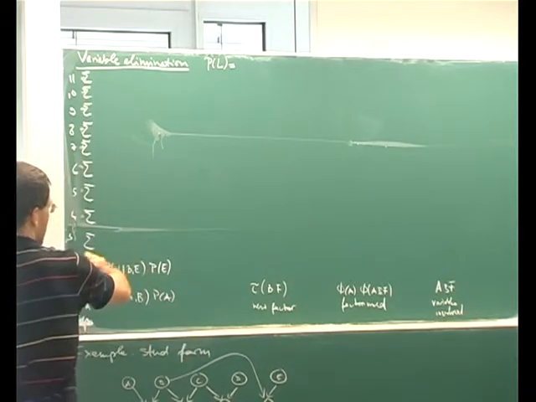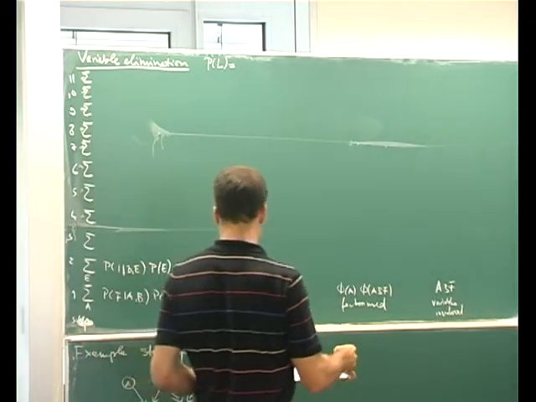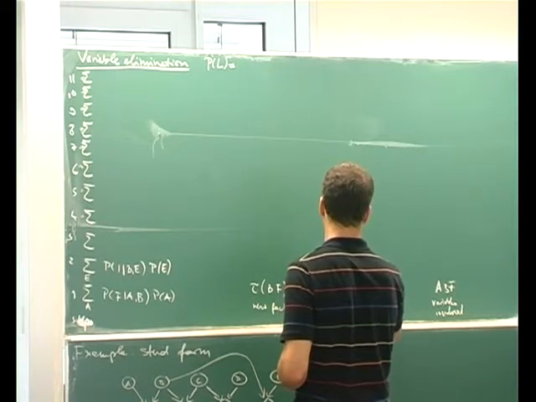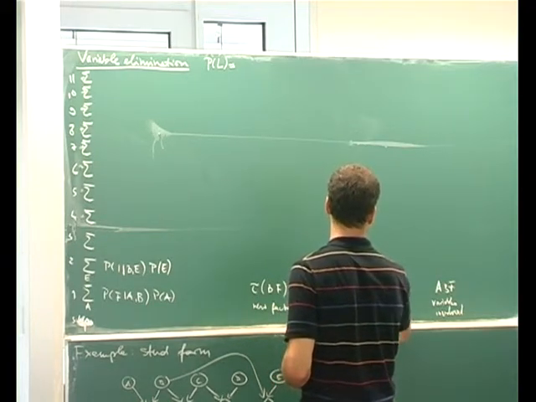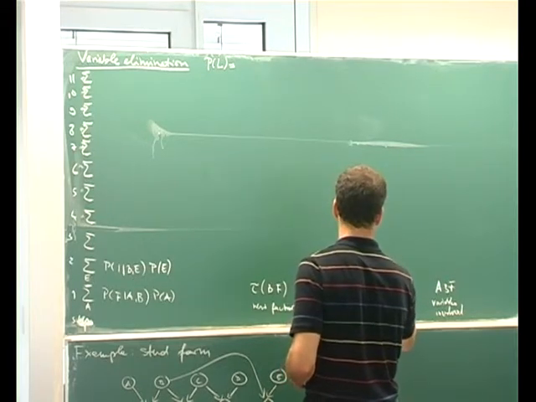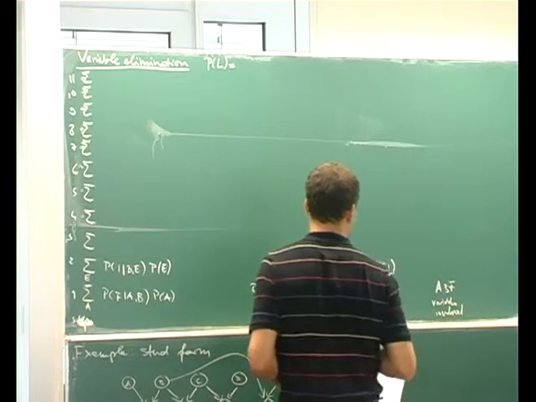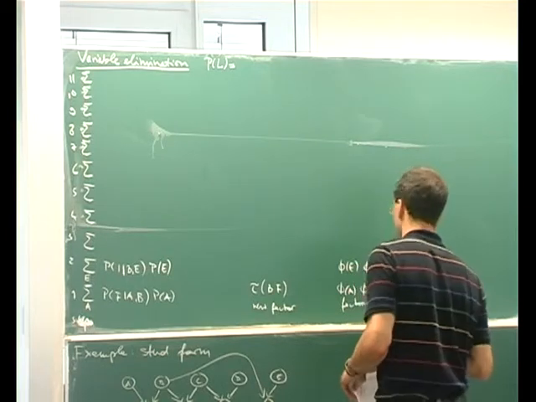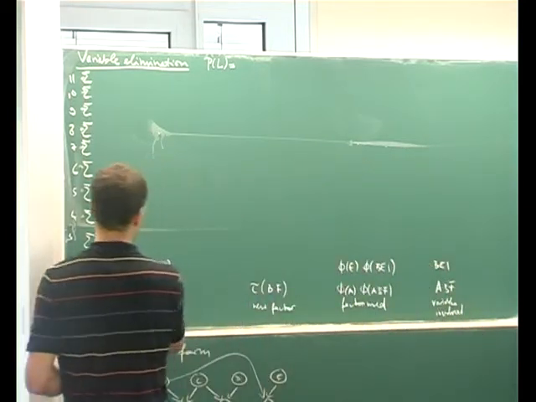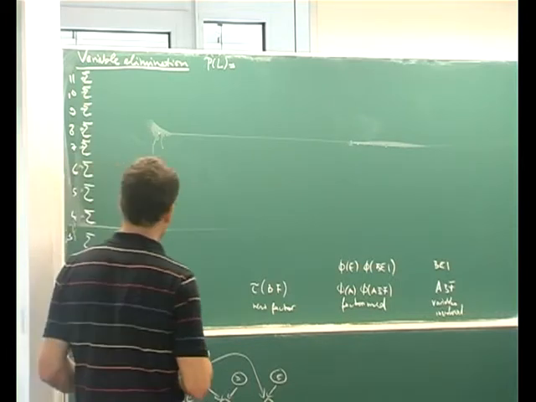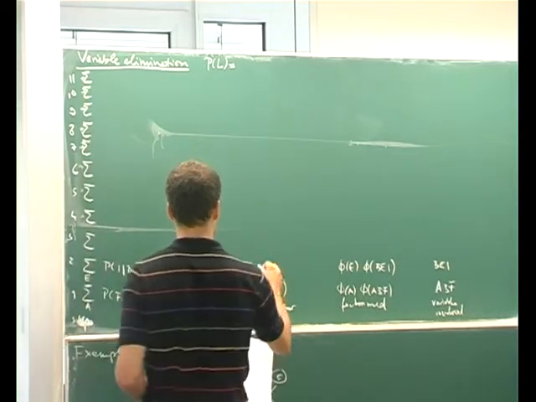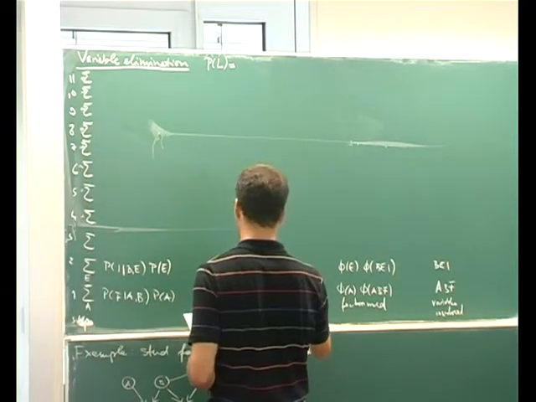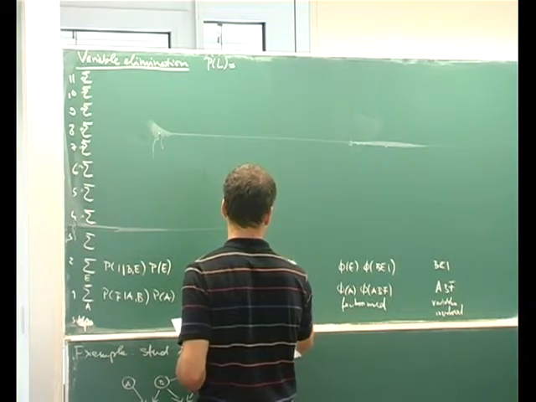So the factors used here are phi of E and phi of BEI. If I now integrate these out, I obtain a new factor tau which no longer depends on E, so only on I and B.